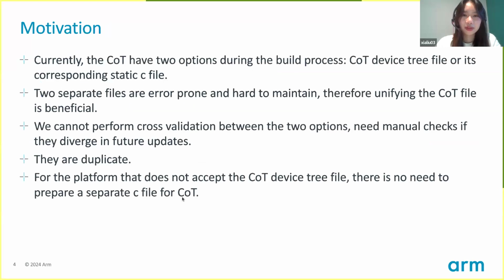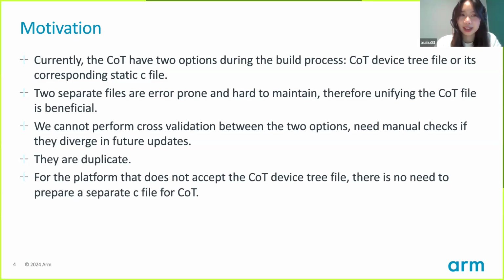For the motivation of these tools, currently the chain of trust has two options during the build process: the chain of trust device tree file, or its corresponding static C file for platforms that don't support the device tree file. The two separate files are hard to maintain, and probably introduce errors.